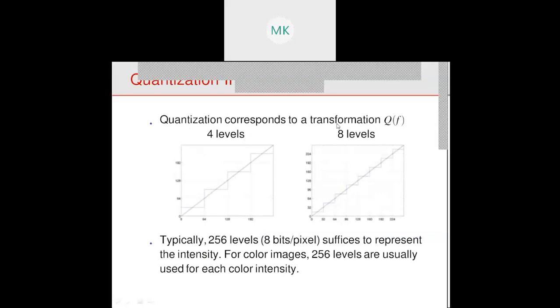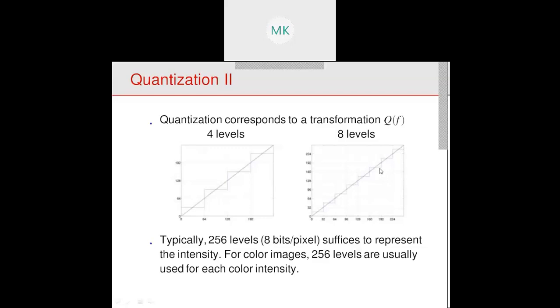Quantization corresponds to transformation q of x, that is, quantizing the function f of x comma y. So this is considered with respect to 4 levels. It appears as 4 steps, and in case of 8 levels, we are going to consider 8 levels. That is, 8 steps are used in order to perform the quantization.